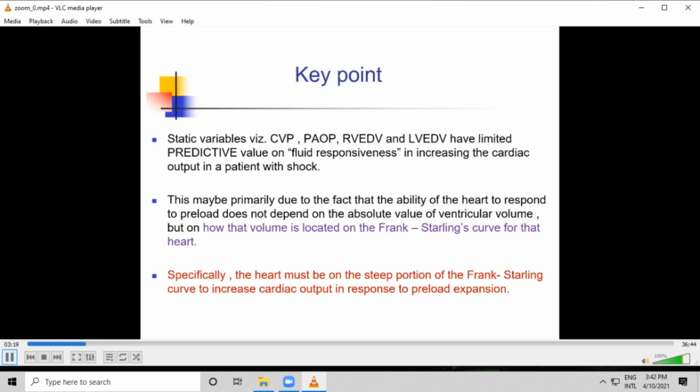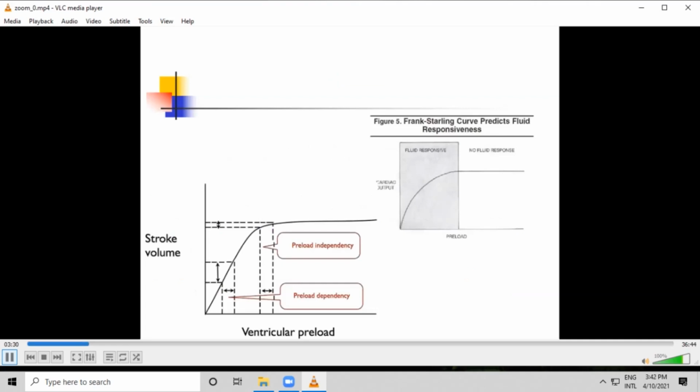Specifically, the heart must be on the steep portion of the Frank-Starling curve to increase the cardiac output in response to any preload expansion. We see on the left side of the screen, when the stroke volume is plotted against the ventricular preload, that when the heart is lying on the steep portion of this Frank-Starling curve, for a particular increase in preload, we get a very appreciable increase in the stroke volume.